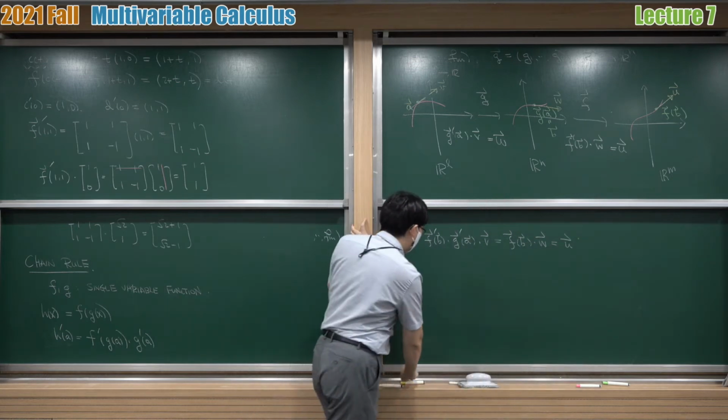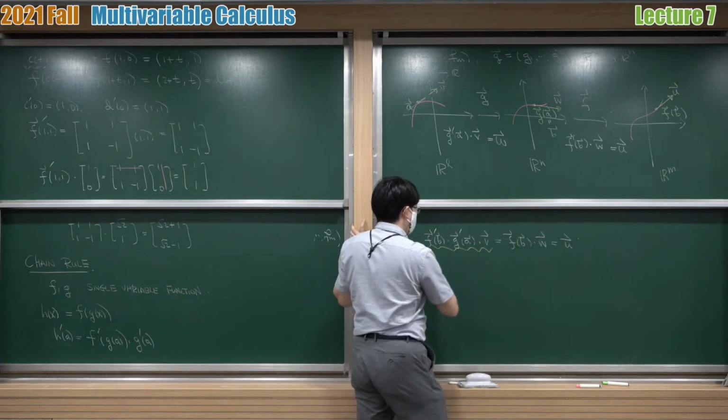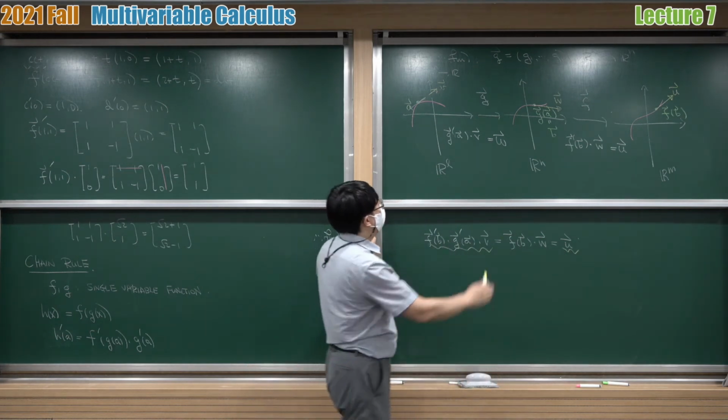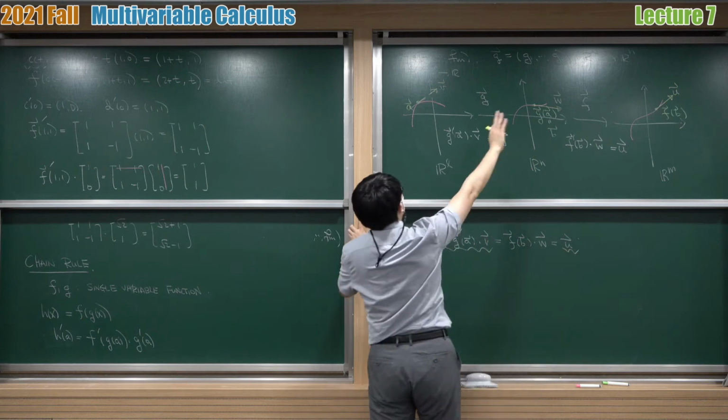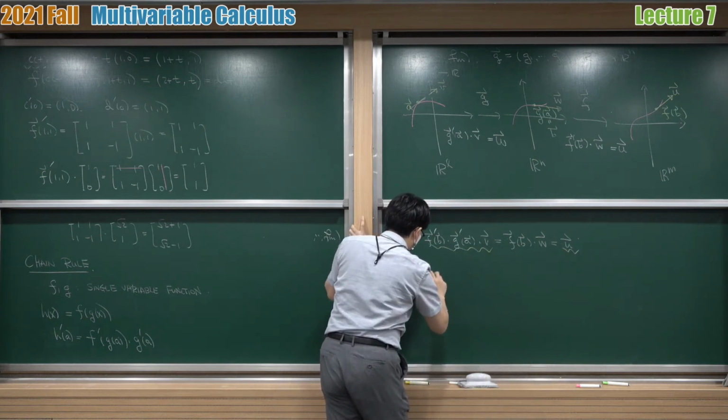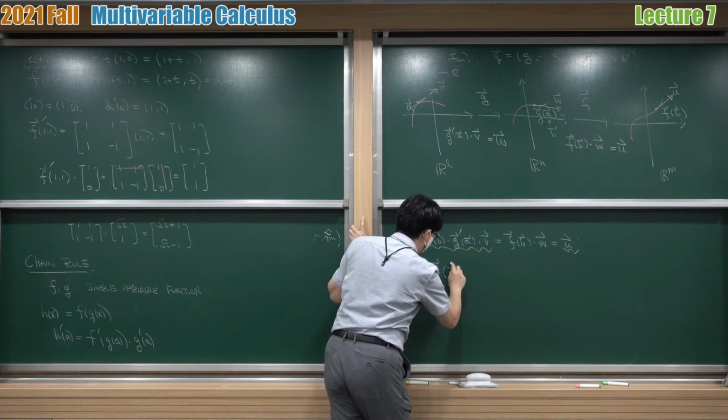Right? So let's think about the leftmost term and rightmost term. I don't care about what happens in between, because I only care about the composition of these two functions, f of g.